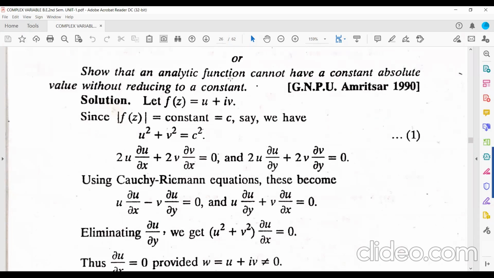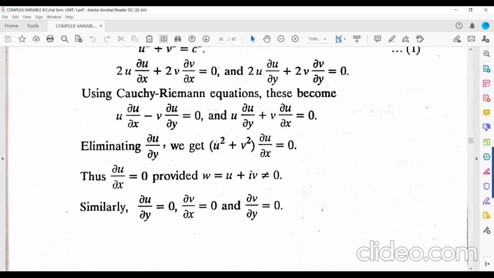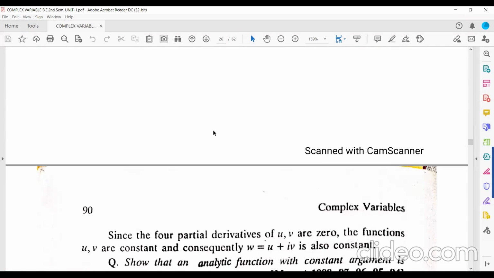Or in other words, an analytic function cannot have a constant absolute value without reducing to a constant. If you are getting the modulus of an analytic function as constant, that means the function itself is a constant. The proof is very simple. You can go through that one.